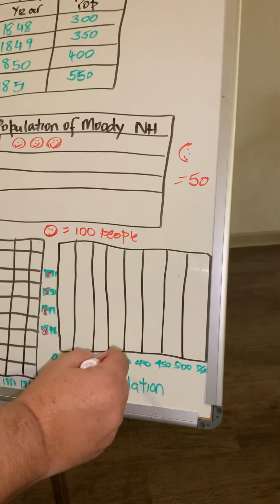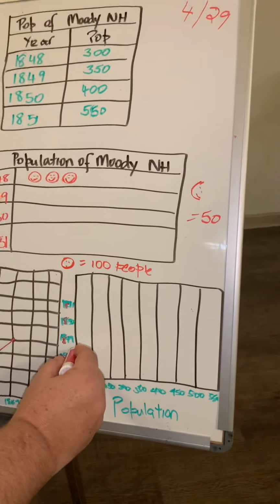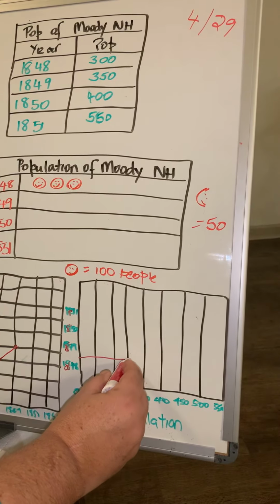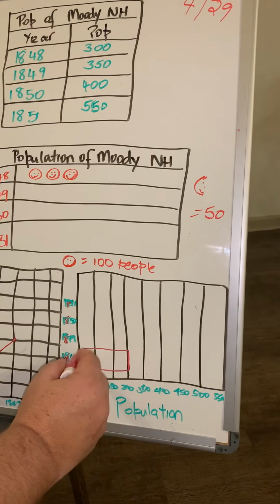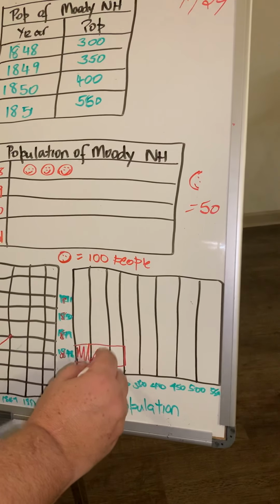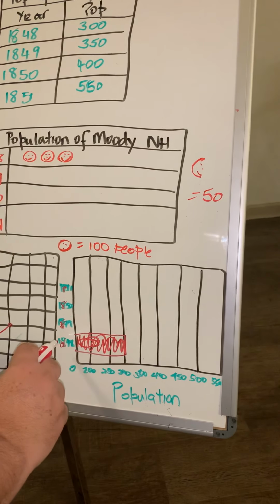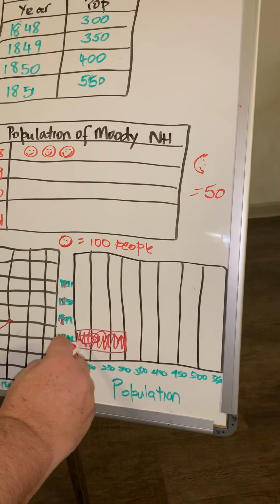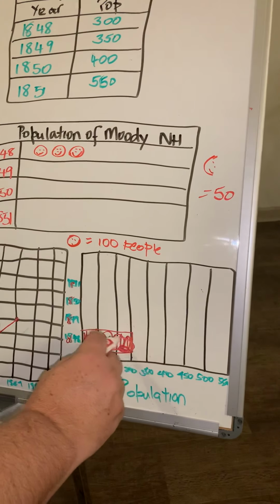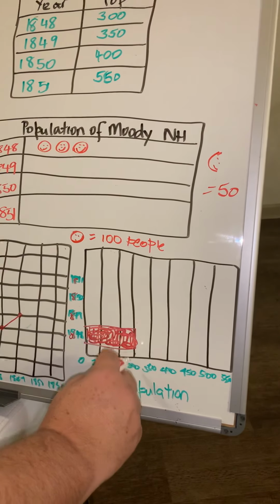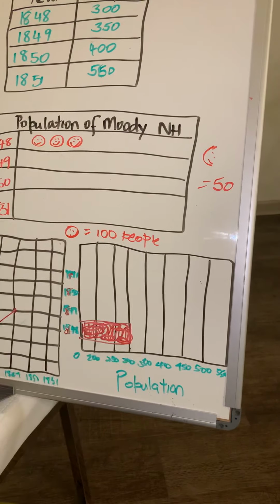So if in 1848 they had 300 people, it stands to reason that the bar is now going this way, because there's no rule that says the bar has to go from up to down. We are using a bar to represent each year, and the bar has to go up to the point where that population is. So it has to go to the 300 line.